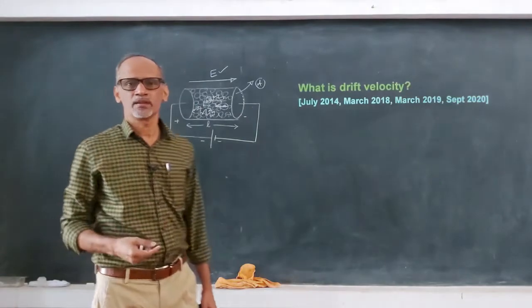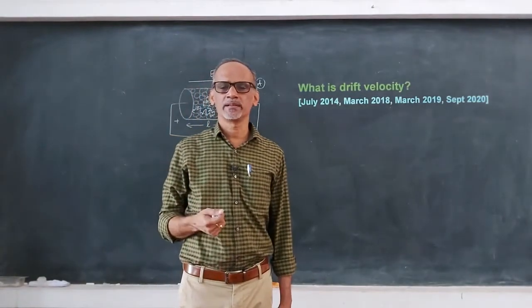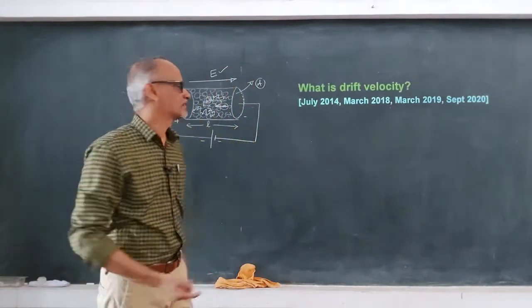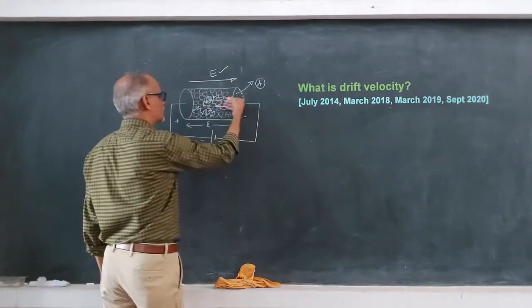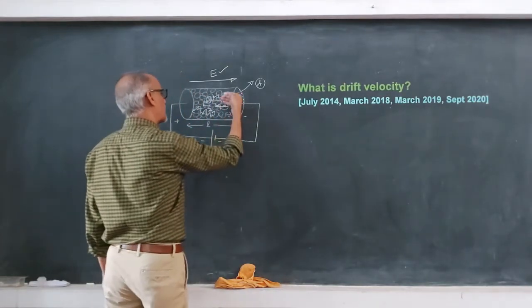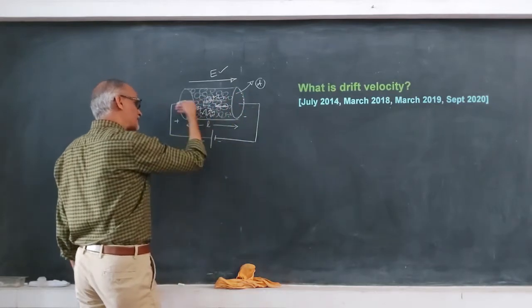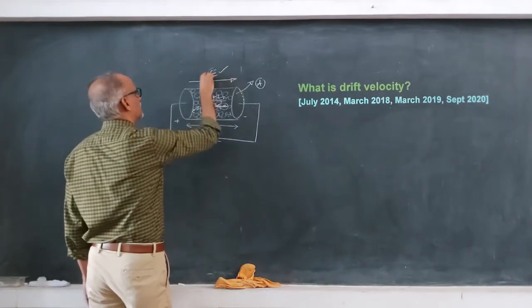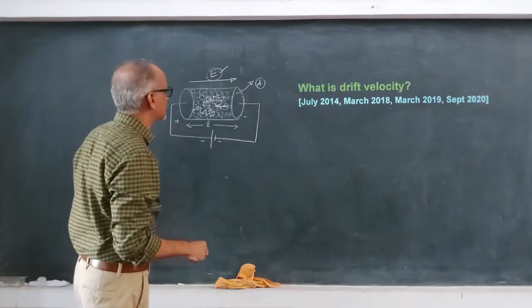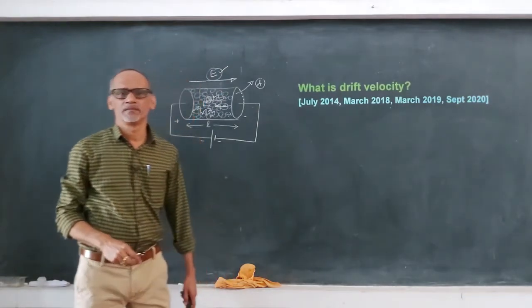Since the velocity continuously changes, we can calculate the average value with which it is drifted. That average velocity with which the electrons are drifted under the influence of the electric field is called the drift velocity.